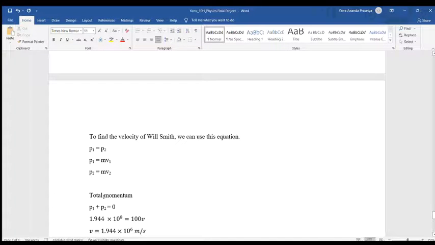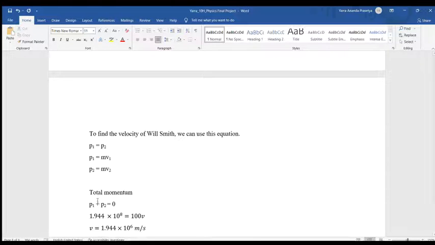Now we need to find the velocity of Will Smith. So P1 equals P2. So the momentum of the freight train should equal the momentum of Will Smith. And the total momentum, which would be P1 plus P2, should be 0. Right? So 1.94 times 10 to the power of 8 would equal 100 times V. V would stand for Will Smith's velocity.